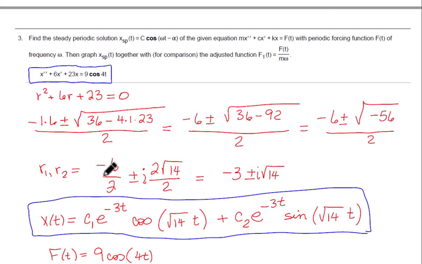So simplify that as far as we can, factoring this square root of 56 into multiple pieces. All right, so I've got, finally, my roots are minus 3 plus or minus square root of 14i.